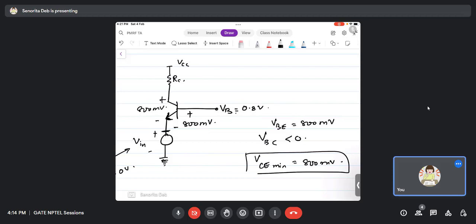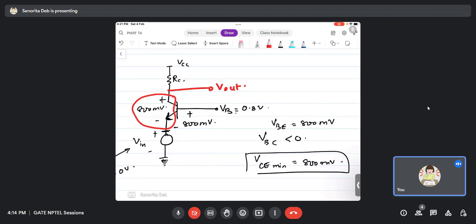Okay, minimum value. It has to be greater than 800 millivolts. It cannot go less than 800 millivolts. So there is a dissipation of 800 here. That automatically has now limited the output voltage, right? So the output voltage swing has automatically decreased.